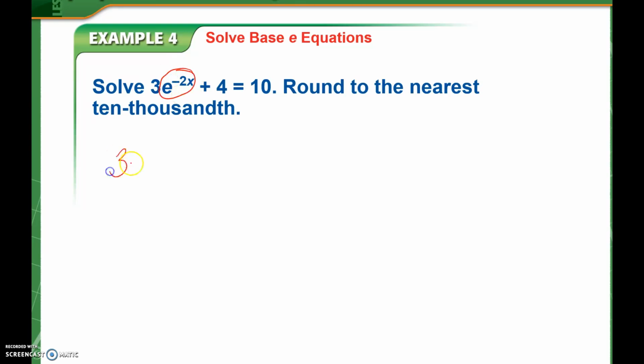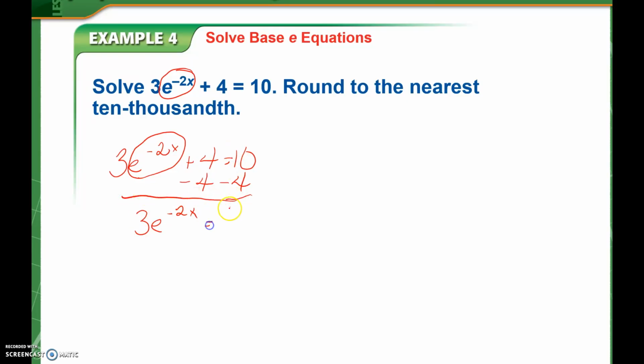So we have 3e to the negative 2x plus 4 equals 10. We're working on getting this by itself. So subtract 4: 3e to the negative 2x equals 6. Divide by 3: e to the negative 2x equals 2.